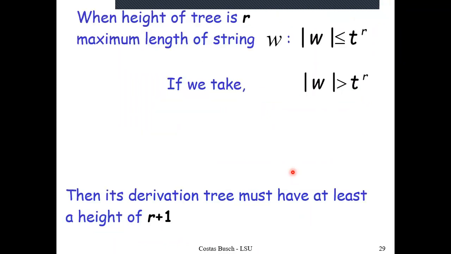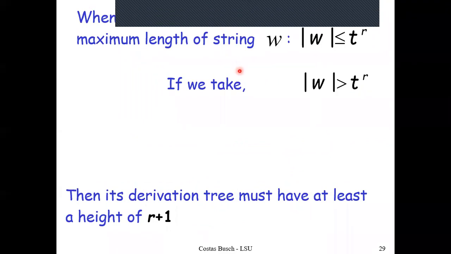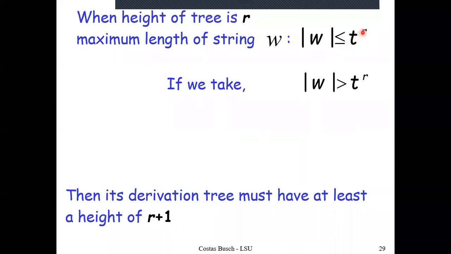And how do we talk about it in the reverse manner? First of all, I'm restating my result: if the height of the parse tree is r, then the upper bound on the length of the string produced is t to the power r.